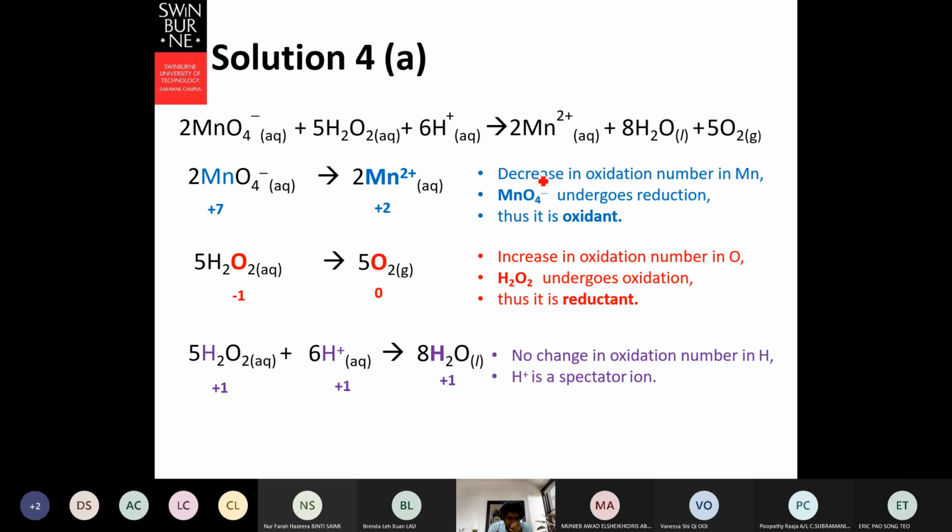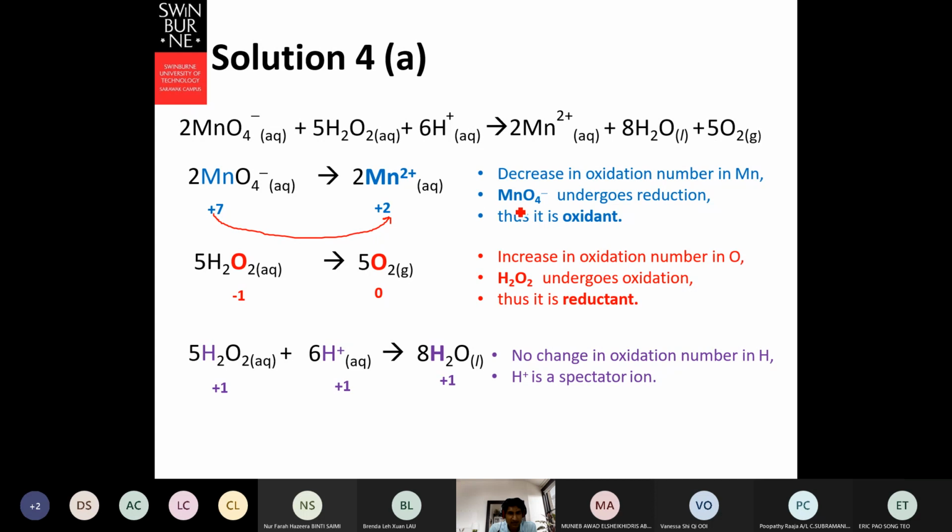The reaction goes by writing the equation and solving it in acidic condition as well. So hydrogen peroxide and potassium permanganate react. From here we see that the oxidation state is +7 for manganese in permanganate, and it is reducing to +2.